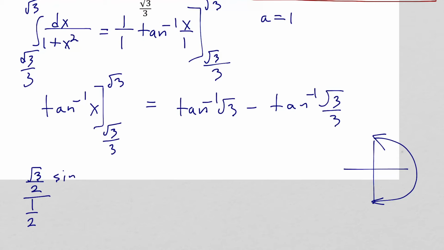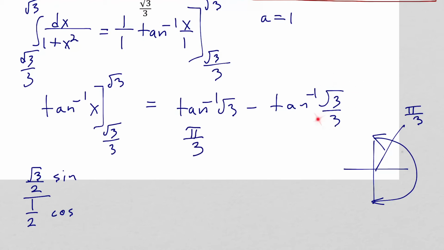Sine would be the numerator, cosine would be the denominator. All right, so I know that if I have a positive tangent, that means I've got a sine here of radical 3 over 2 and a cosine of 1/2 at pi over 3. Okay, so this angle is pi over 3.